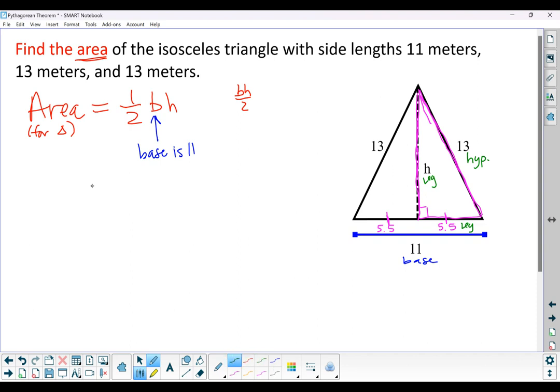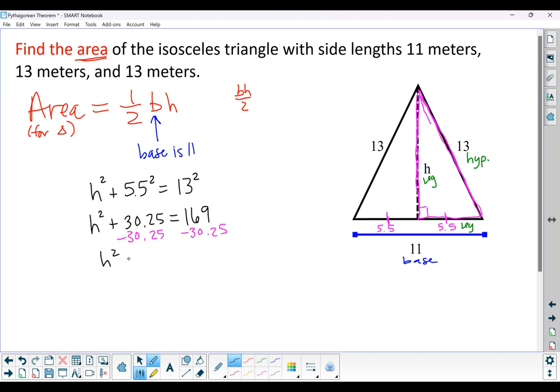So if we set up a Pythagorean theorem equation, it's going to be leg squared plus other leg squared is equal to hypotenuse squared. So on this problem, because one of our side lengths is given to us in decimal form, we are going to end up with a decimal answer. 30.25 plus h squared is equal to 169. 169 is 13 squared. So we're going to subtract the 30.25.